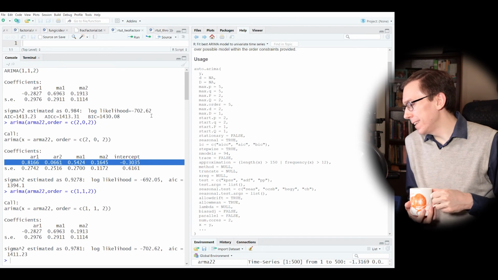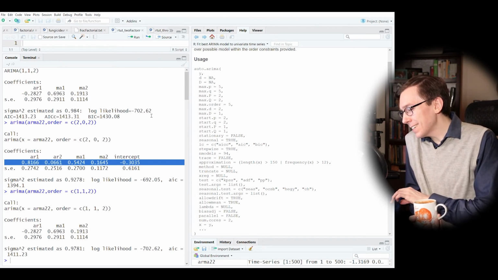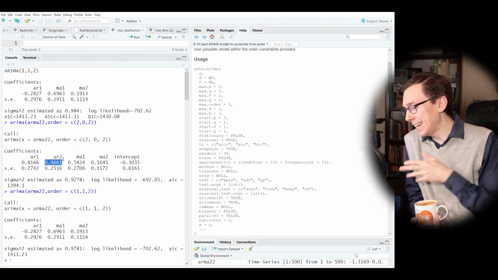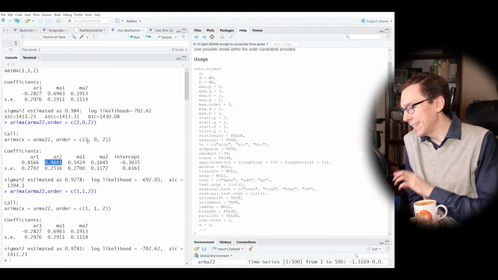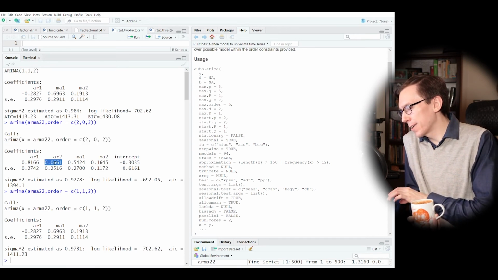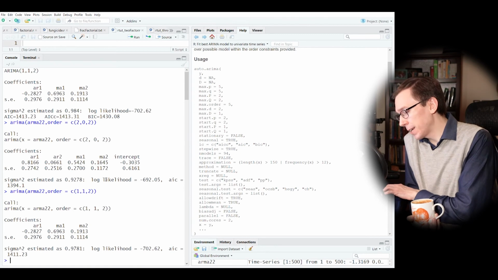Also, I did want to note in this case, it's not clear that the AR2 piece should actually be there. We know it should be there because that's how we generated the data. But if we go back to fitting the correct model, what we see is a very small AR2 coefficient, especially when you look at the large standard error associated with it.